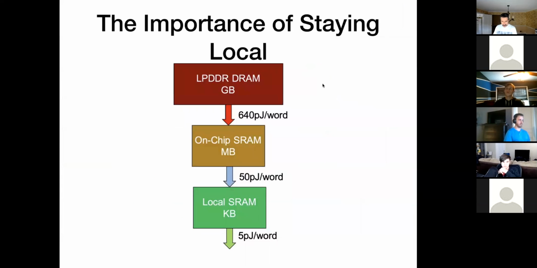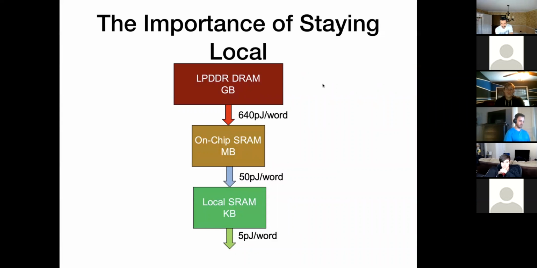So essentially, if you think about the hierarchy of memory, in your computer you have some hierarchy, right? And the locality matters.